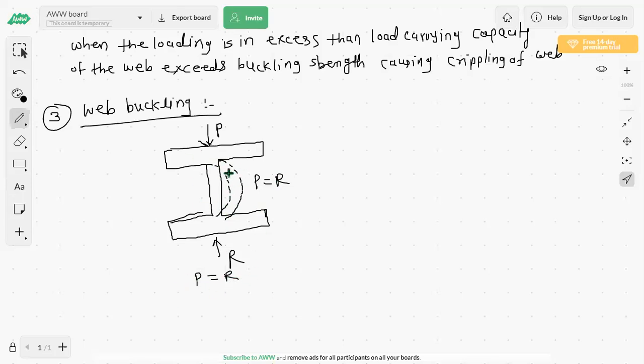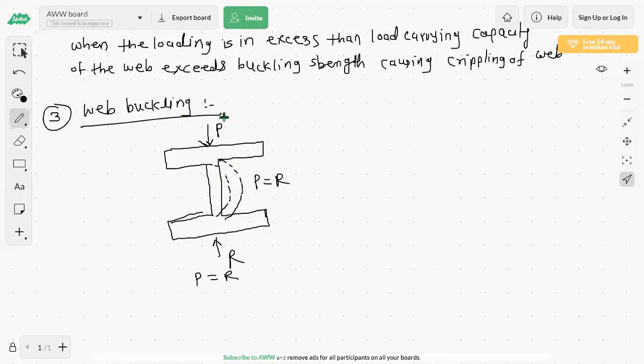Then your web buckling will be there. So your beam will buckle and the buckling failure of the beam will occur. Are you getting how the beam fails by buckling? If the applied force and reaction both are equal, then your beam will buckle and the failure of the beam will be by buckling.